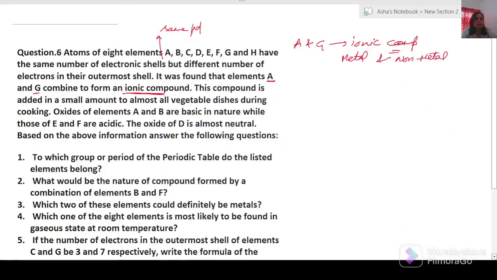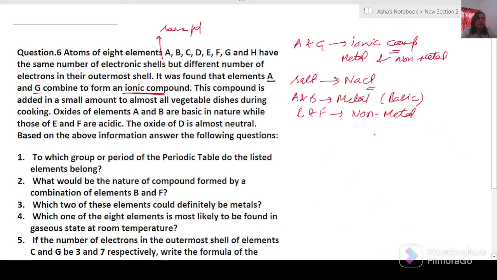So the hint is here, obviously it will be salt, which is added in the cooking of vegetables. So it is common salt, that is NaCl. Oxides of A and B are basic in nature. So if they are basic, they are metals. Metal oxides are basic in nature. And E and F are acidic in nature. So obviously they are non-metals.